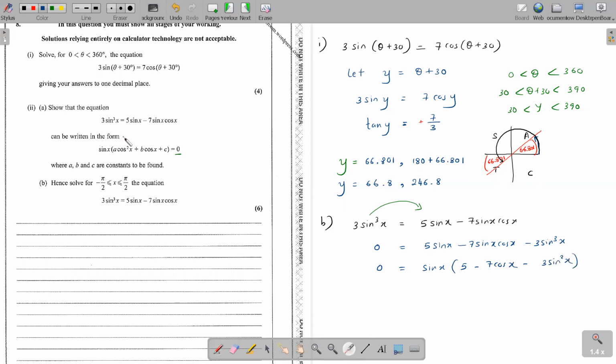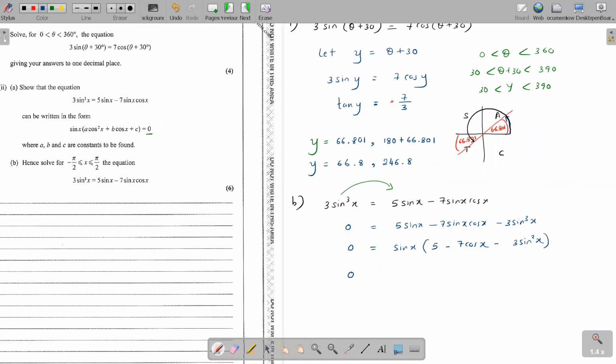So you can see I've come to some point here, but the inside I need to fix, because inside it should be a quadratic equation in cos. As you can see here, I have a cos, but I have a sine square. So how do we deal with the sine square?